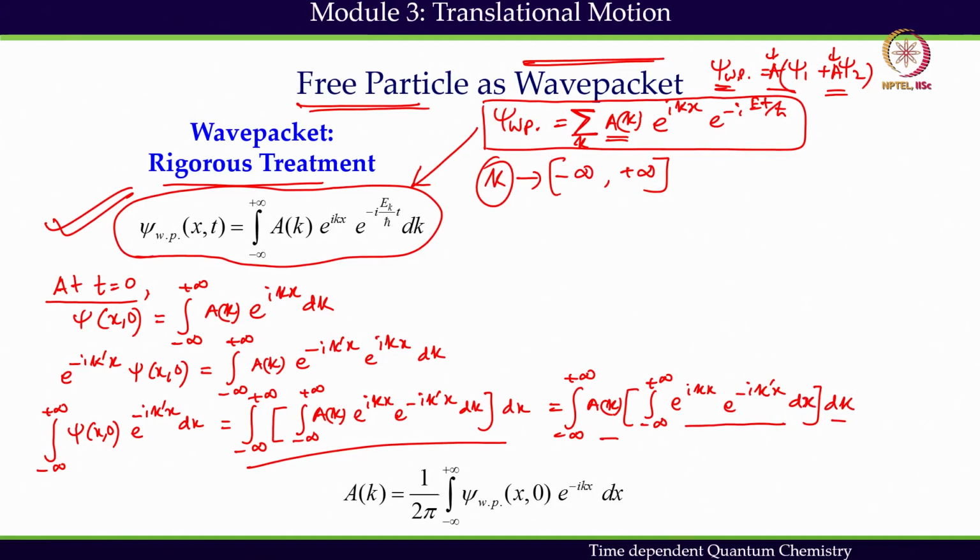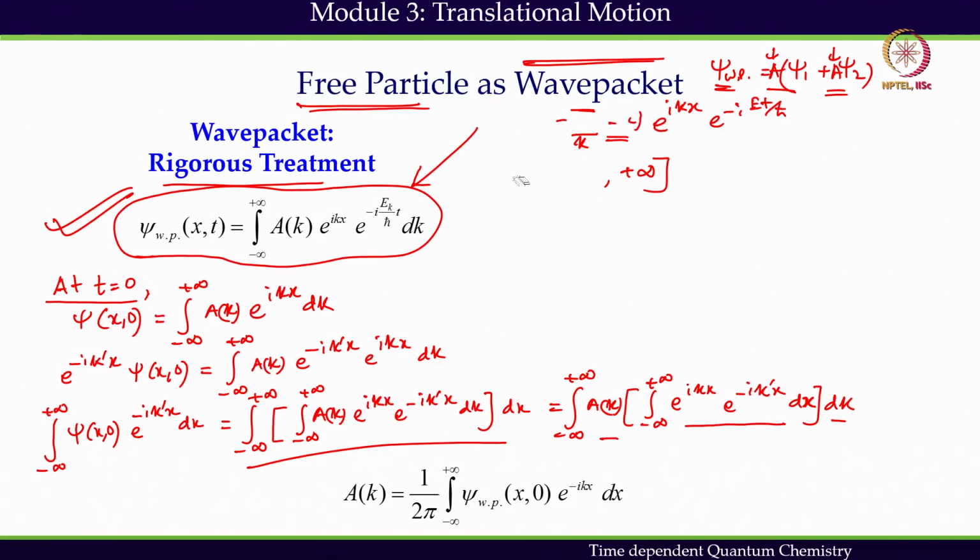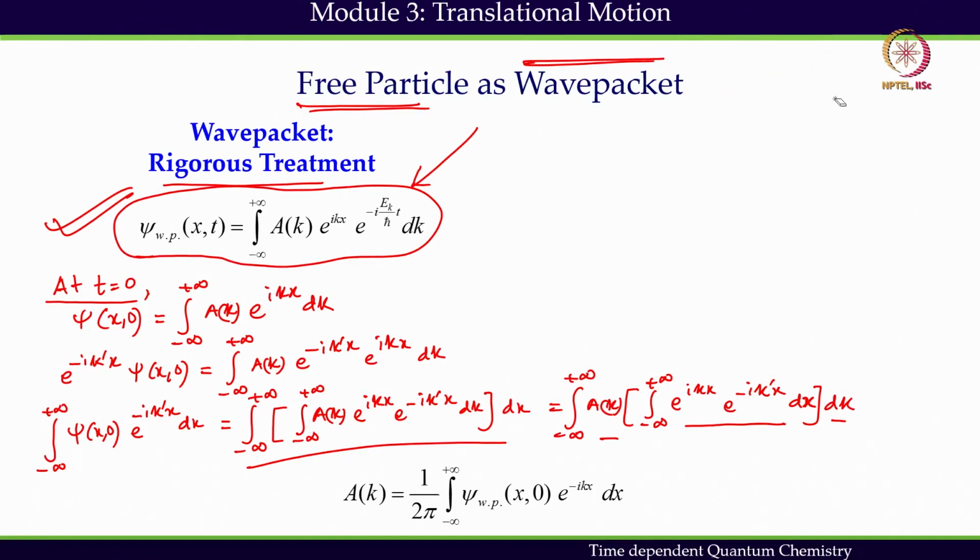And if we do that, then we can use one property of the Dirac delta function, and the property is the following: delta function of k minus k dash equals 1 by 2 pi integral from minus infinity to plus infinity of e to the power i k x e to the power minus i k dash x dx.